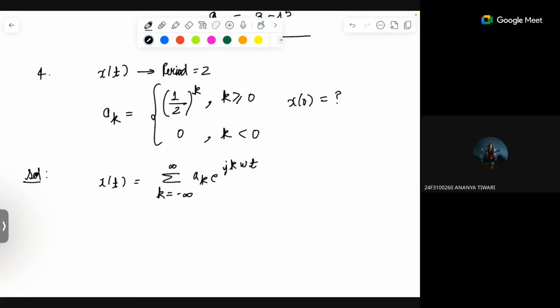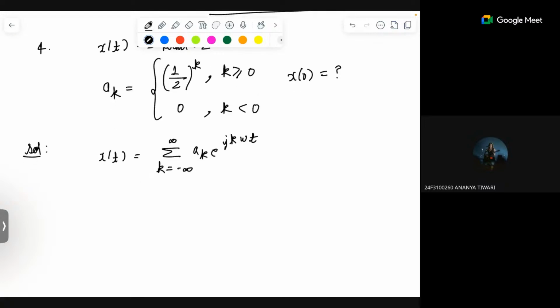Alright, now I will start solving, so please pay attention. In the question, I have been given a signal x(t) which is periodic with period 2. a_k is given as half raised to the power of k when k is greater than or equal to 0. It is 0 when k is less than 0. I want to find x of 0, that is x at t equal to 0. So this is the expression for the general Fourier series. Since I am concerned about x of 0, I will simply put t equal to 0.